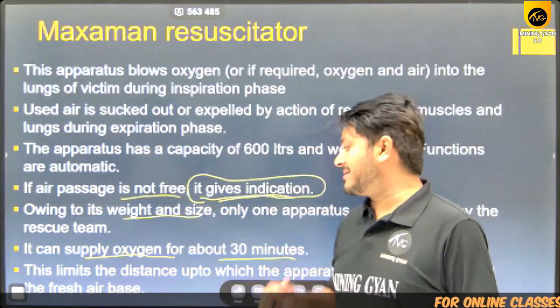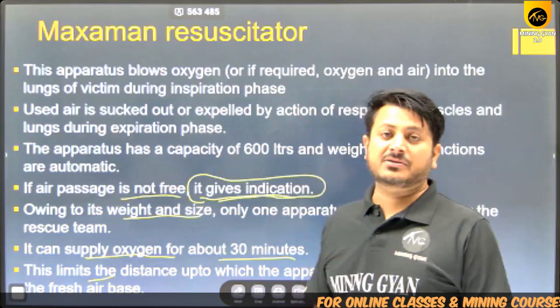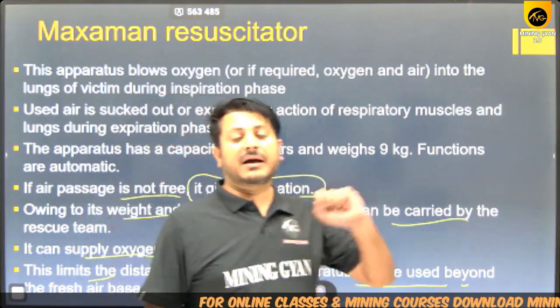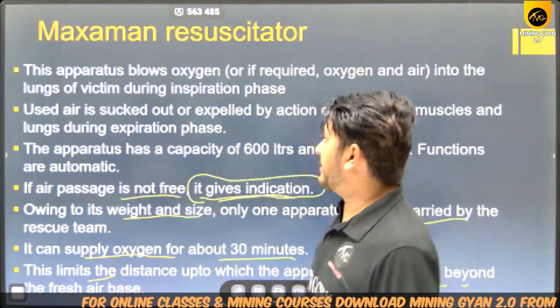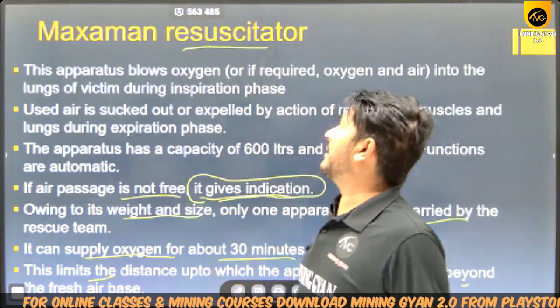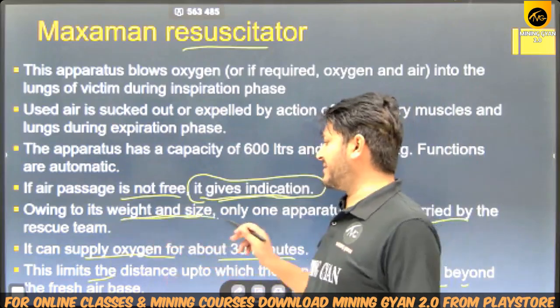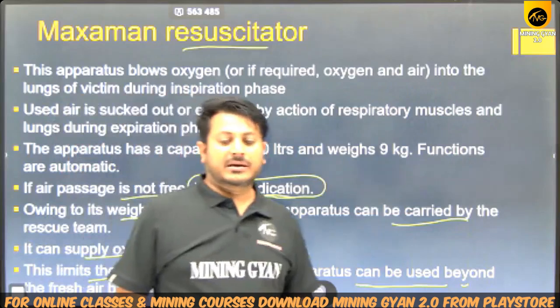Then it will be a limitation for you, because within 30 minutes you have to reach the fresh air base. And if you think that you will take two Maxman resuscitators, that will not be possible, because its weight and size will not allow you to take two or more resuscitators.